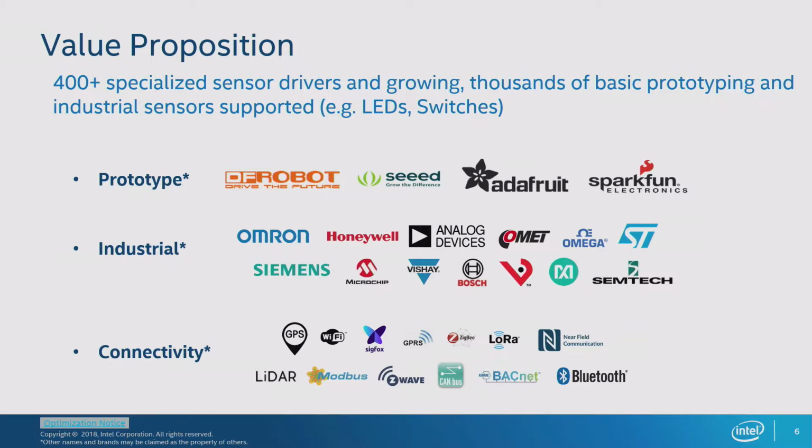However, the more complicated sensors, and that's where we started with some of our prototyping partners, are from companies that make affordable sensors, sensors that you would use to prototype a device.